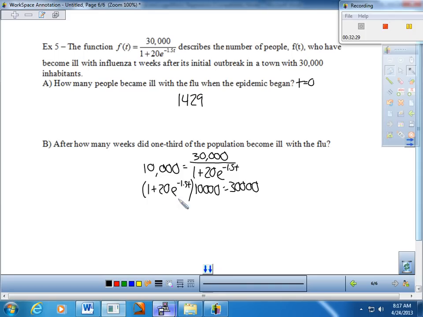Is everyone okay with that? Divide by 10,000, divide by 10,000. So this comes up, this comes down. And so we get 1 plus 20 times e raised to the negative 1.5t equals, and again, just bring that 10,000 down, and 30,000 divided by 10,000 is just 3. So yeah, I'm actually glad we stayed with the 1/3 there. Not sure what I was thinking in changing it. I like this. It works much better.